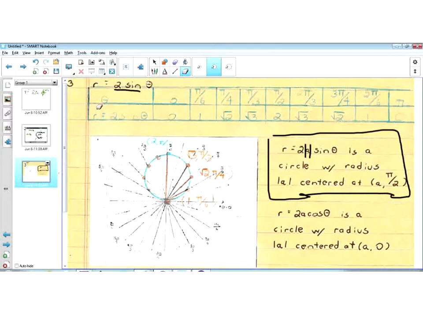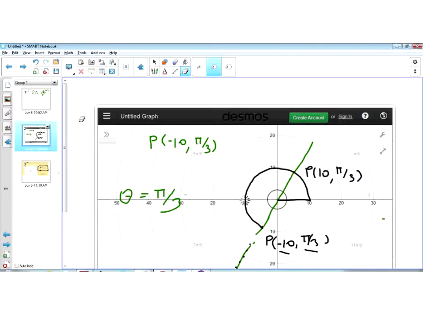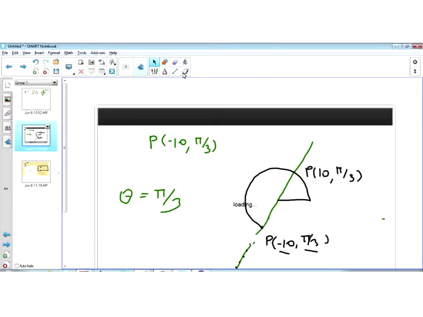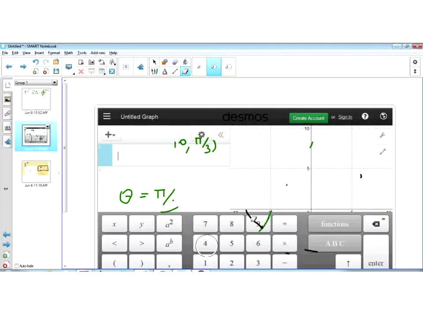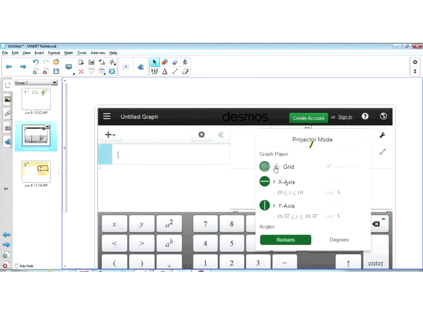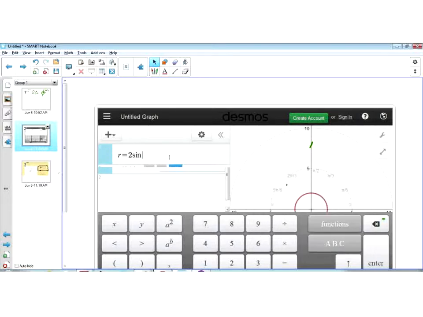So that we can compare and contrast, let's sketch the cosine theta versus sine theta plots in the polar plane. Let me go to this page, erase the content, and set the graph style to polar graph paper, and then we'll say r is equal to 2 sine theta, like so.